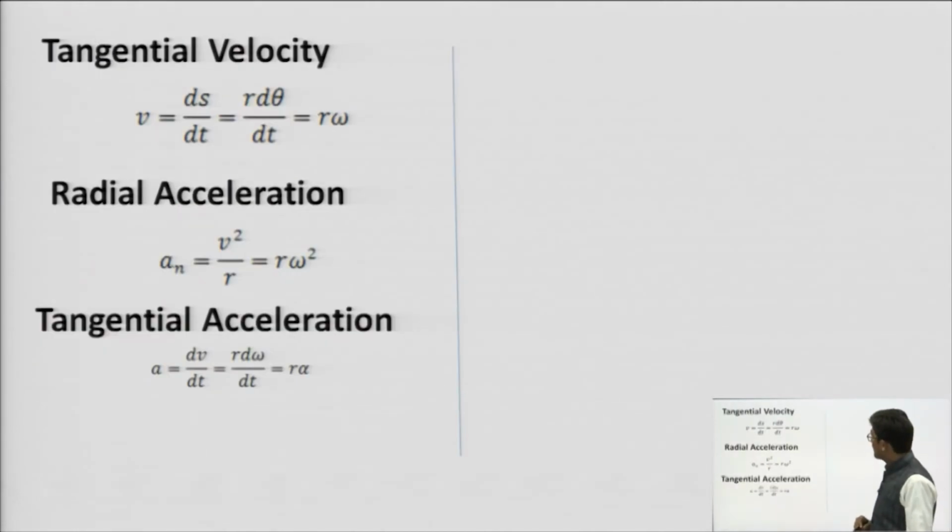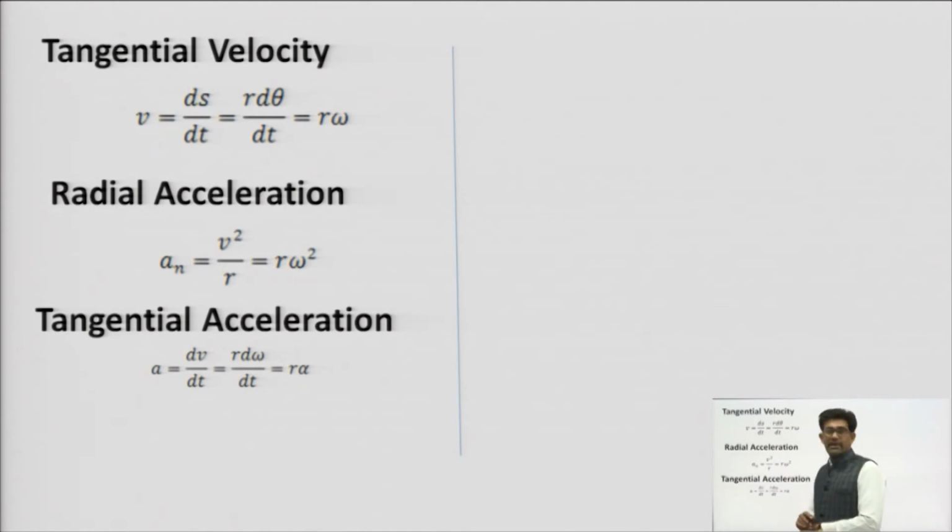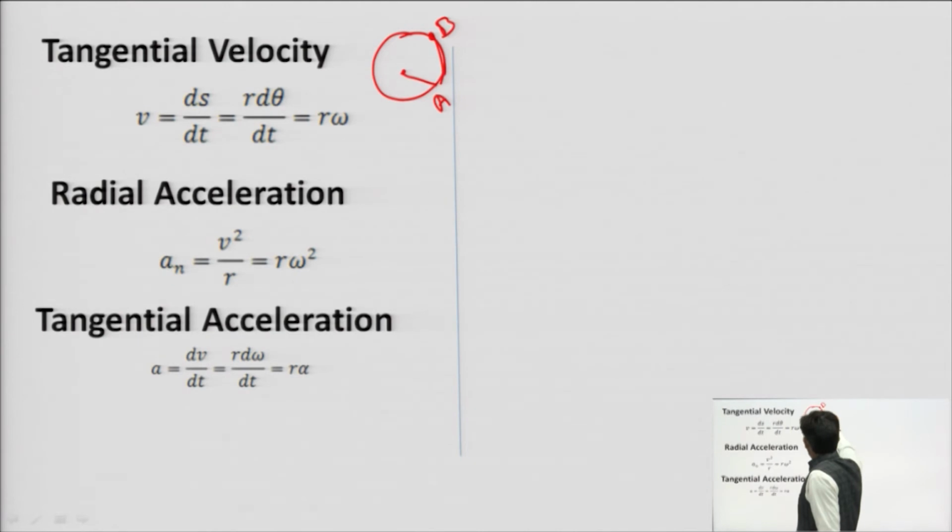Now what is the relation between tangential velocity and angular velocity? It is very simple to find. If we have a point A and after some time it reaches point B, and it travels a distance ds within a certain angle d theta, then the velocity will be ds by dt.